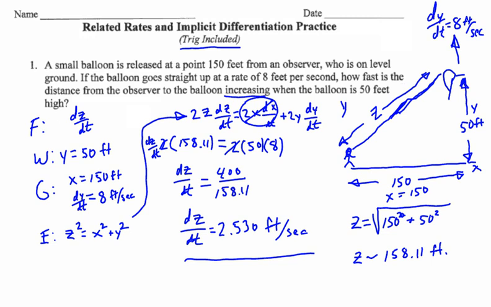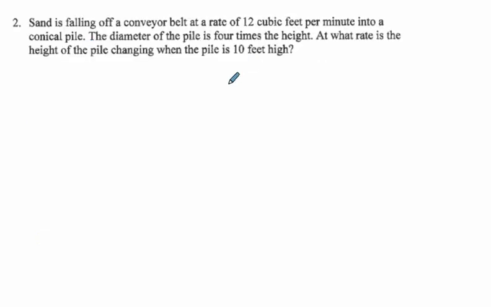Okay, let's go on to problem 2. Sand is falling off a conveyor belt at a rate of 12 cubic feet per minute into a conical pile. So we have this sand falling, and so it's going to be dV/dt, the change in volume with respect to time is going to be 12 cubic feet per minute.